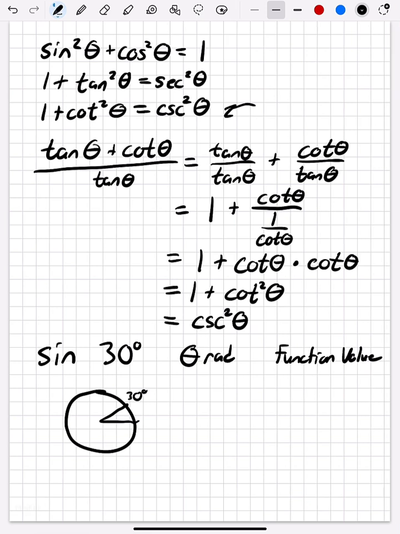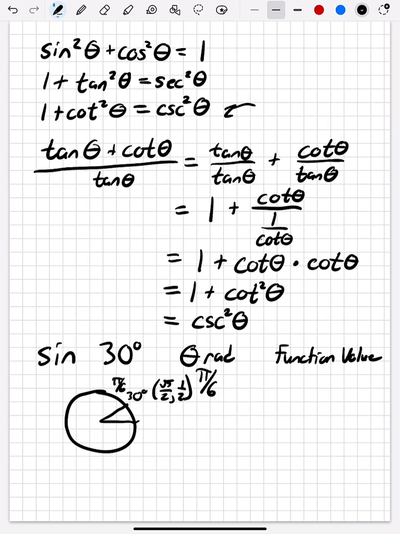And that corresponds to pi over 6. Okay. So the radian value of 30 degrees is just pi over 6. However, something else that you'll notice is it has a little x and y coordinate out by it that's square root of 3 over 2 and 1/2.